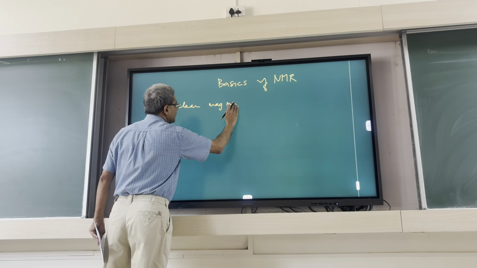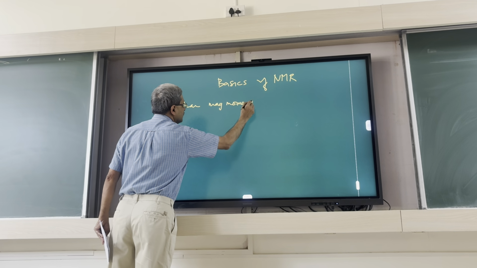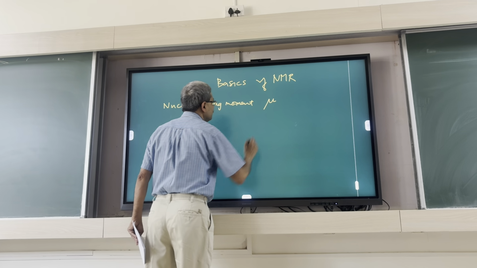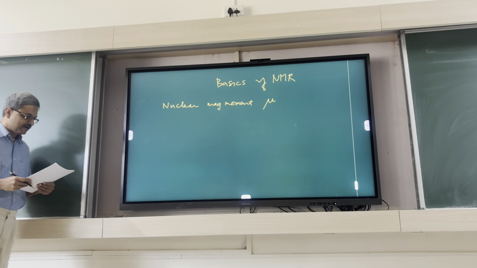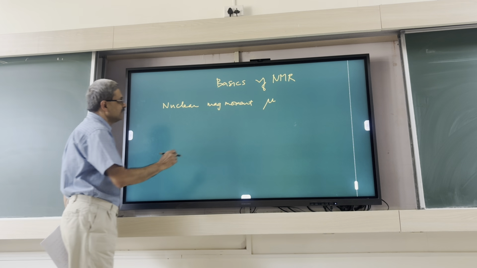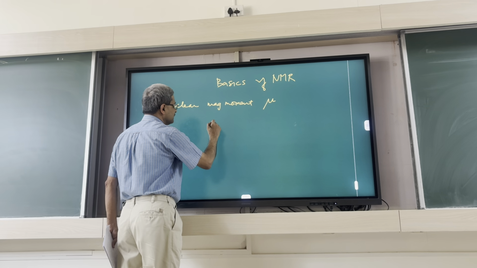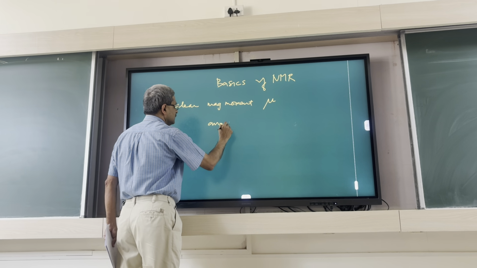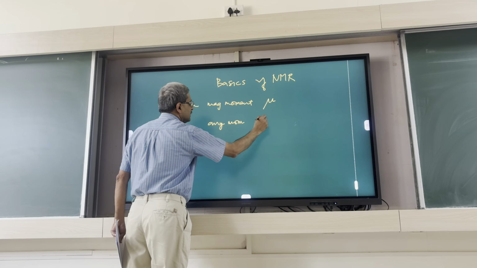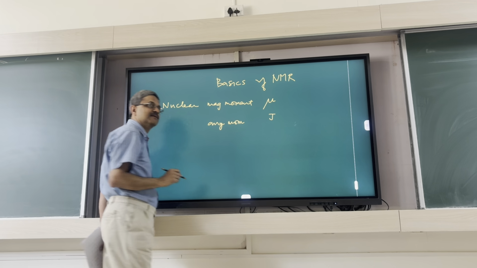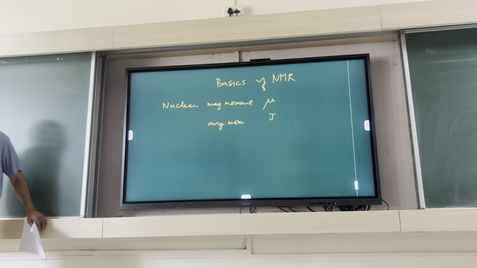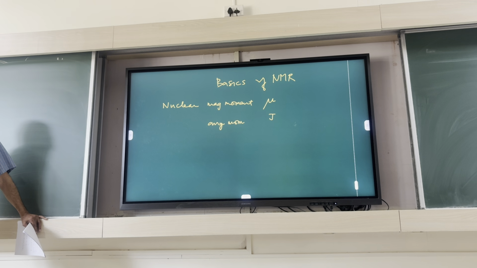So, you have a nuclear magnetic moment, which we call mu, and there is a nuclear, again, angular momentum, which we call J, right? So how are mu and J related to each other?